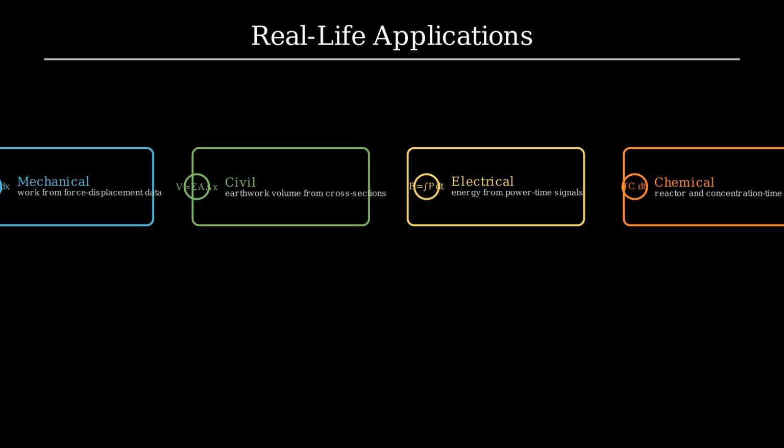The trapezoidal method appears wherever accumulated quantity is needed from sample data. Mechanical engineers estimate work from force displacement data. Civil engineers estimate earthwork volume. Electrical engineers calculate energy from power signals.